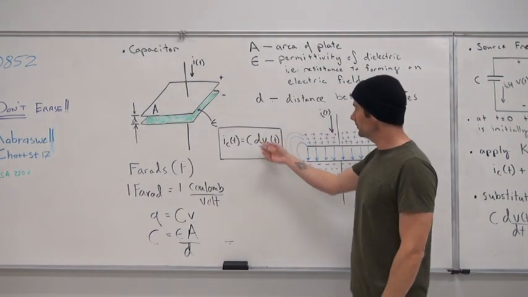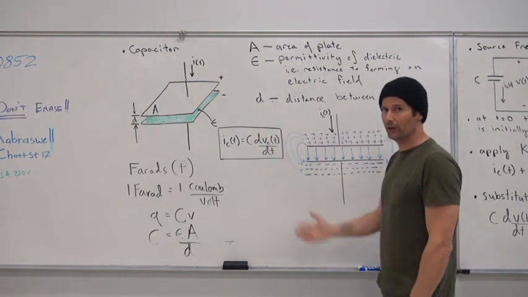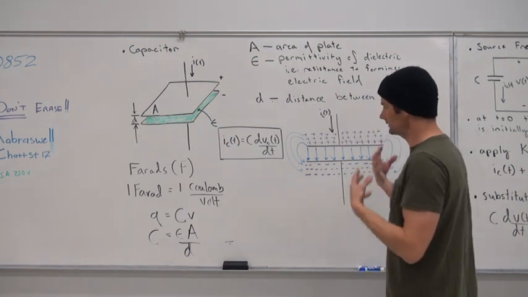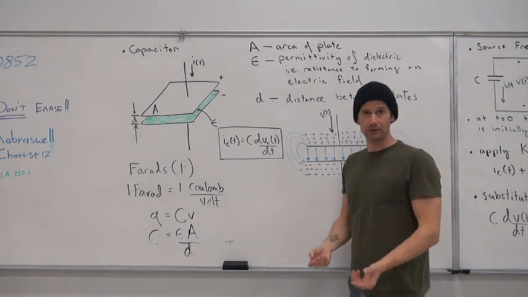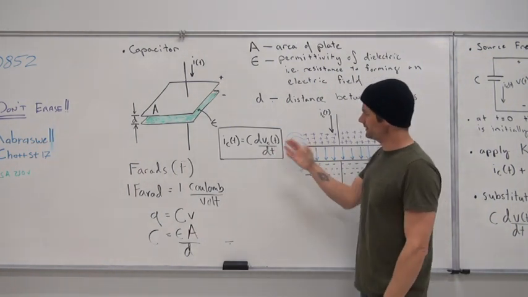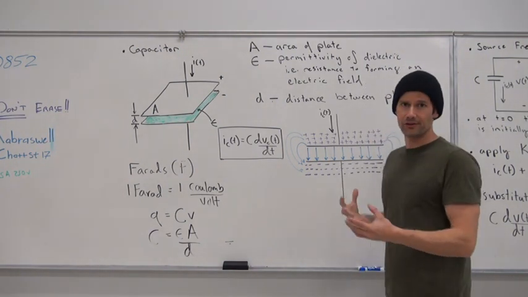And when we don't have any change, then we get 0 amps, and the capacitor starts acting as what we call an open circuit. No current can flow.